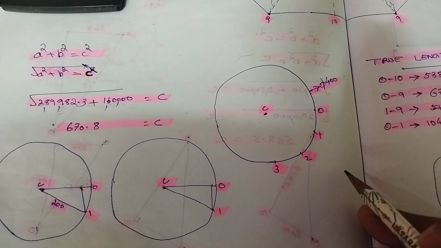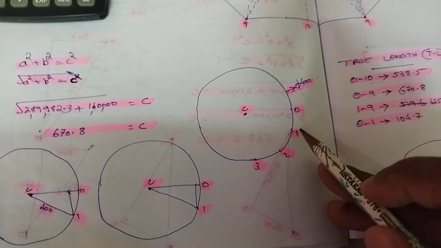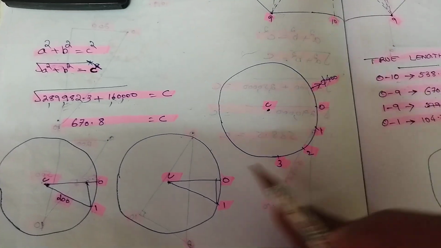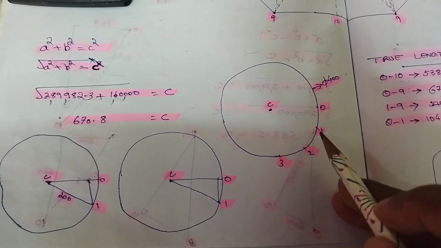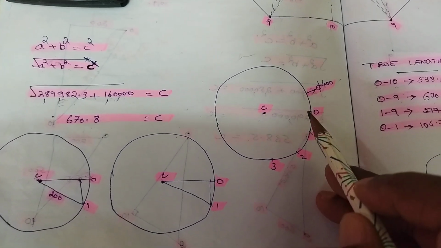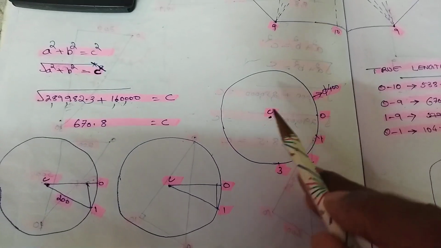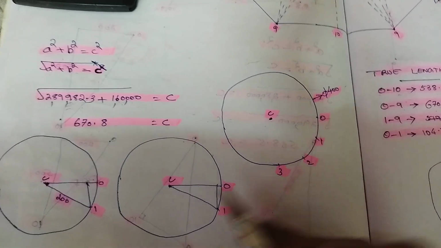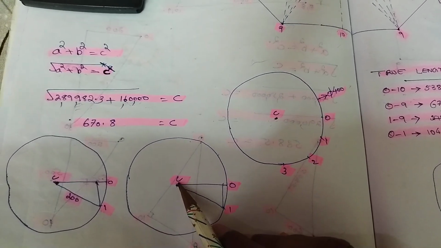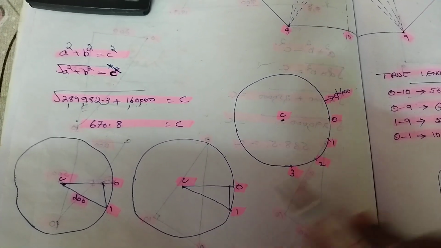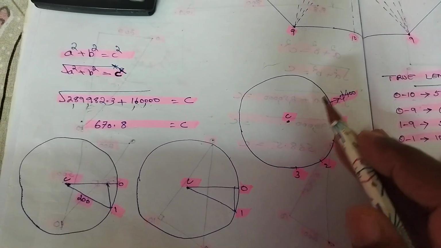Through this, how will we be finding out the distance from this corner to 1? We shall make one triangle from C to 1, 1 to up and to here. For finding out, one diagram I have shown here. C to 0 I have drawn one line, and C to 1 I have drawn one line.